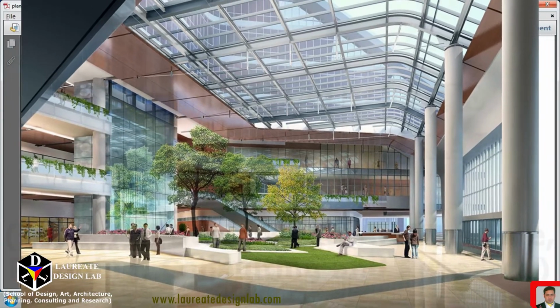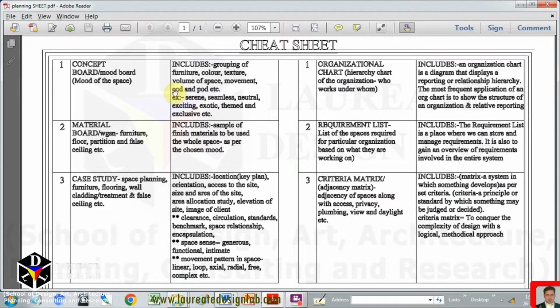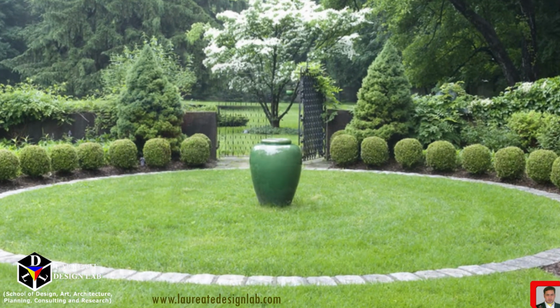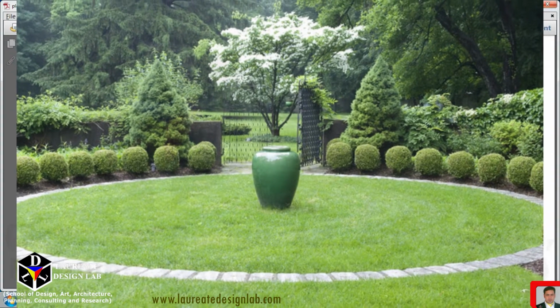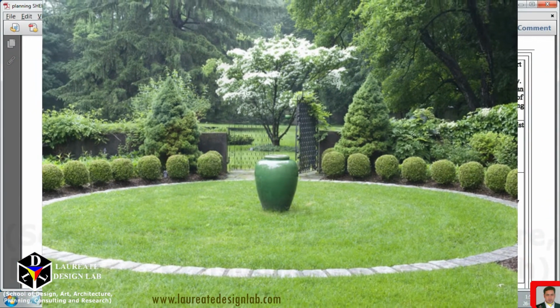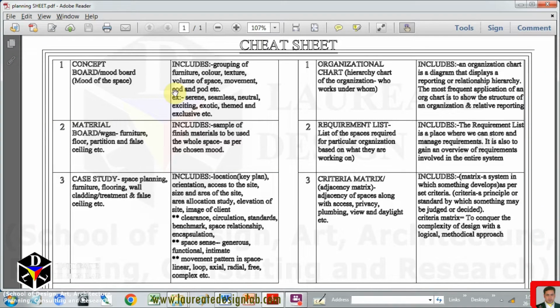If you create just one focal point, people will be interested in that spot. Other spots must be subdued or subjugated to the focal point. So these all can be taken into the concept board.